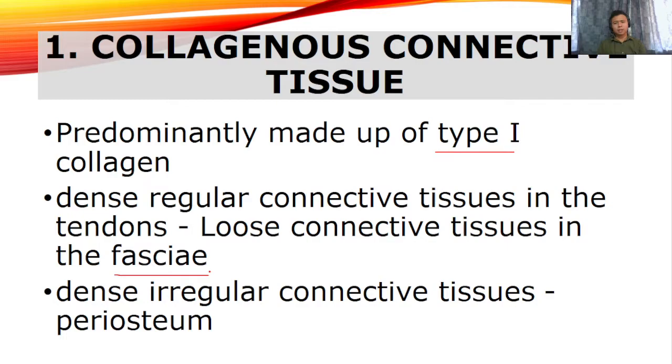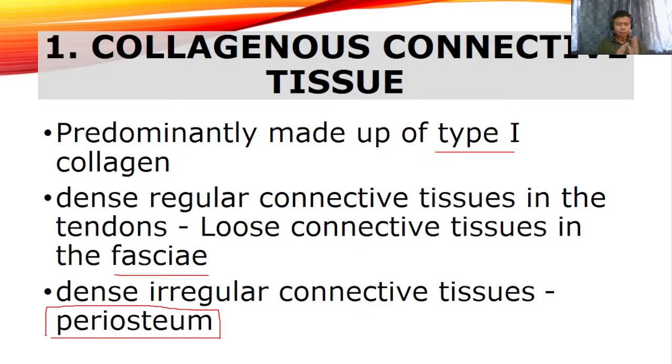So here we have collagenous tissues in our fascia. Next, we have the dense irregular connective tissues. These are the tissues which are directly attached to the bone. There are some components in our bone wherein it is coated with connective tissue, just like in the periosteum.